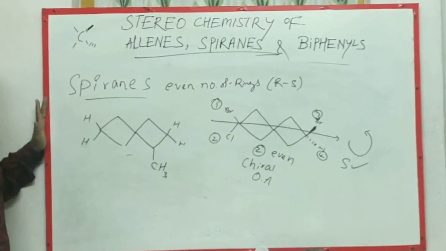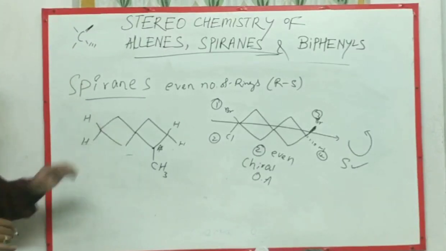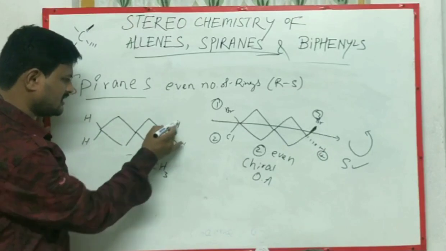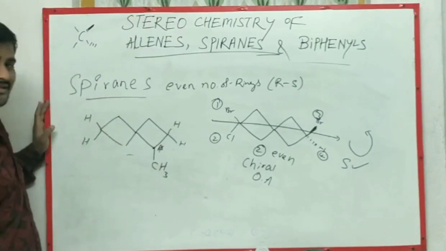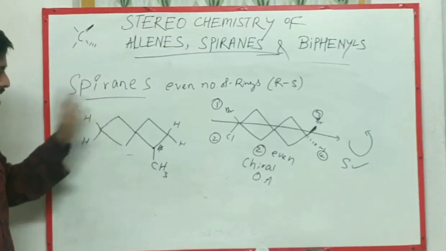Chiral. Why? Because a chiral carbon atom is there. In this case CHH, and here another ring is there, different groups. It is a chiral carbon, so it is chiral.